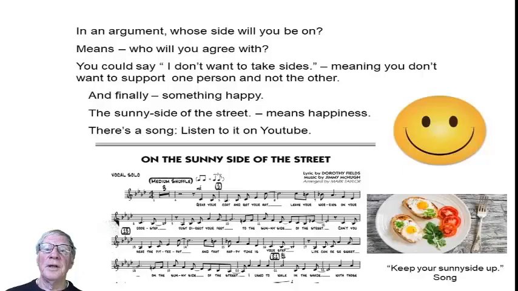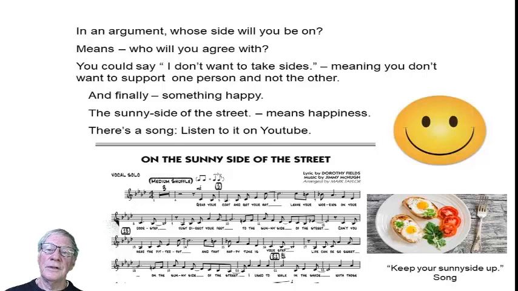Now, when people are angry and arguing, in an argument, whose side will you be on? It means, who will you agree with?